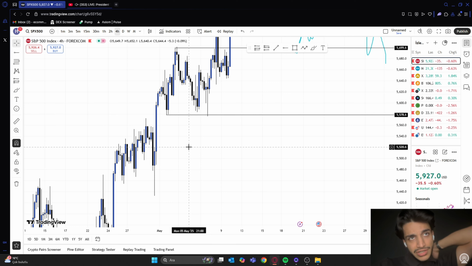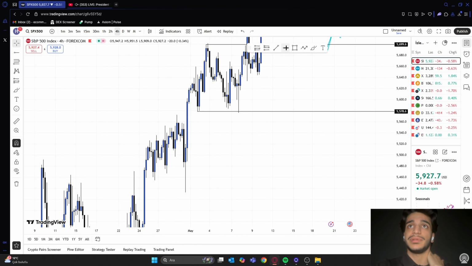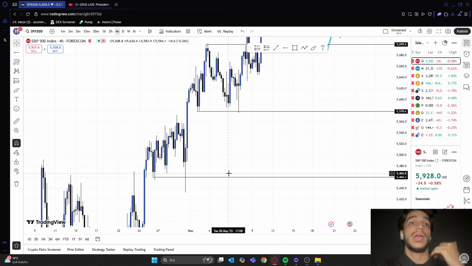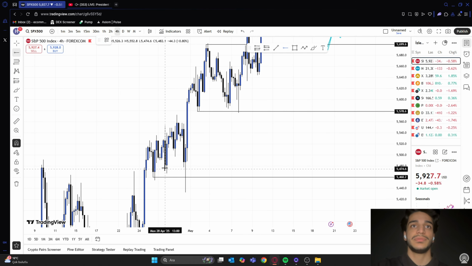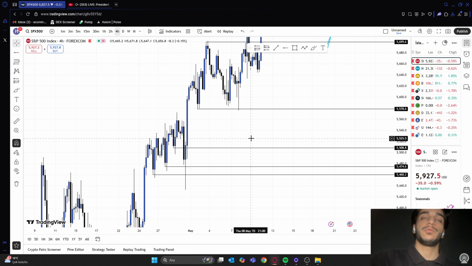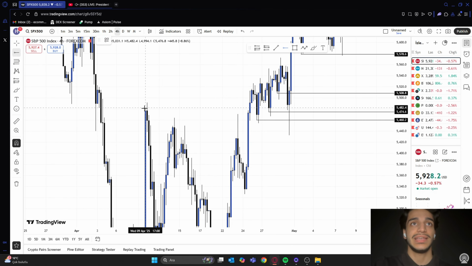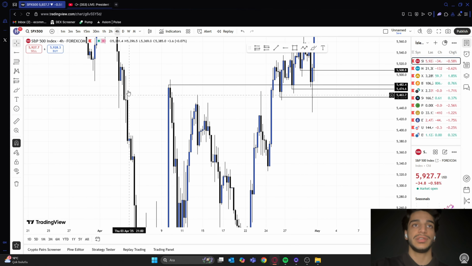So if we look at the chart, we're gonna see liquidity sweeps everywhere. For example, liquidity sweep and it worked, liquidity sweep again worked, liquidity sweep again worked. How can you say don't trade with liquidity sweeps? It works every time. Look at this liquidity sweep.